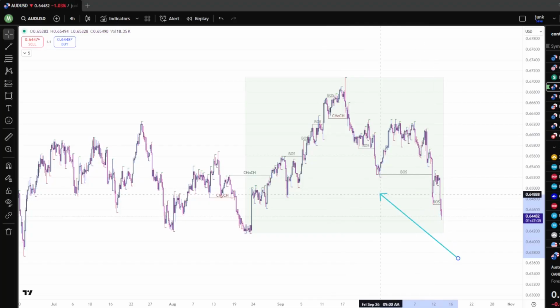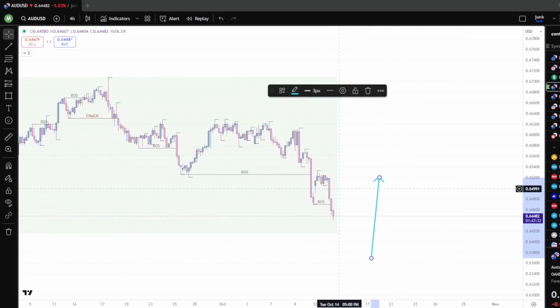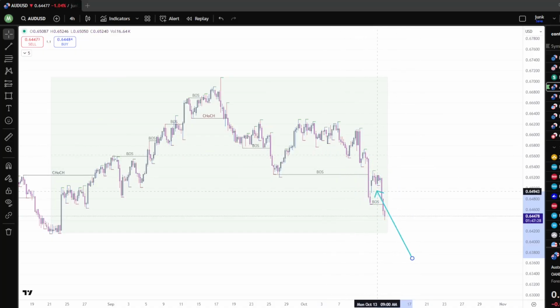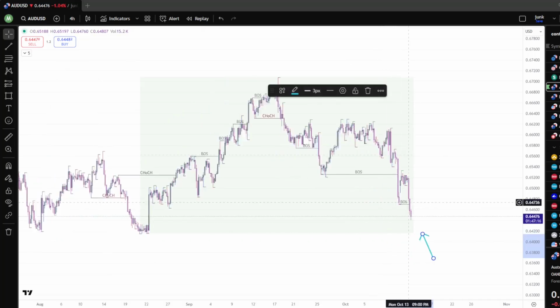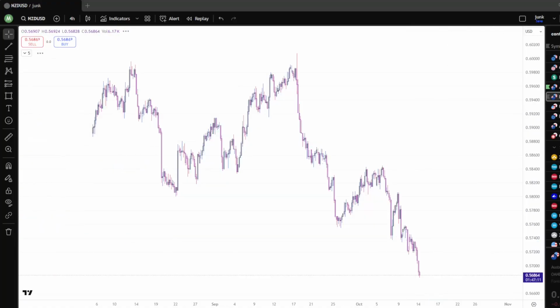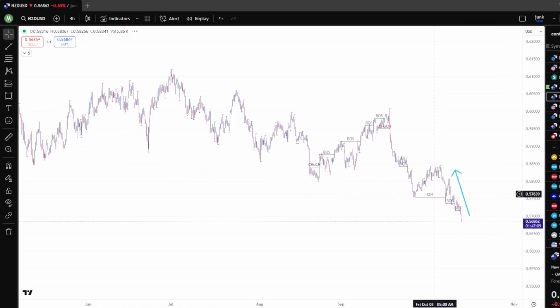But overall, not overall, but the 4-hour micro level is bearish, only looking for a type of selling opportunity as it continues to impulse down, expecting it to get past this area once it does get there, and look for any opportunity to sell once it does retrace, once it breaks out.